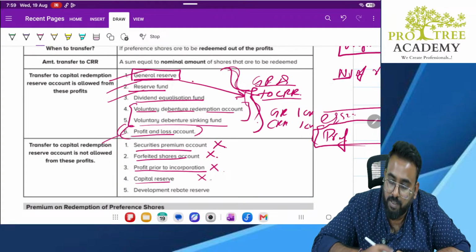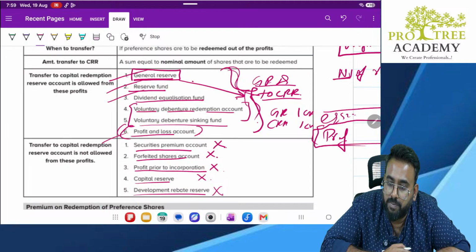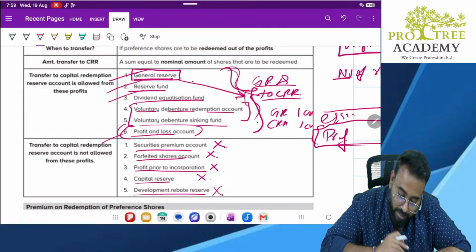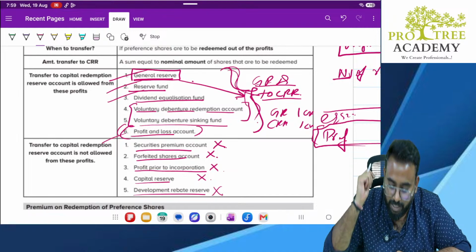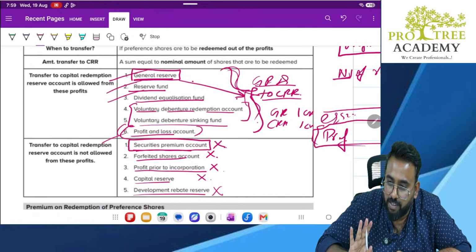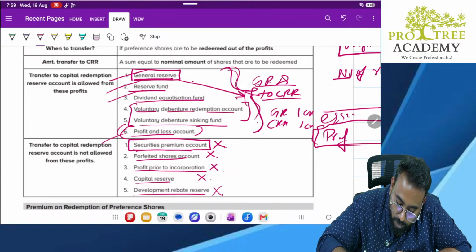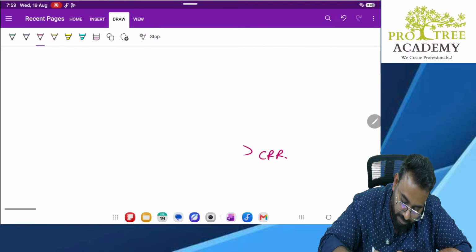Capital reserve, not allowed. Development rebate, not allowed. Clear, everybody? Now I will make one point which will now create a confusion in your head. What did they say here? Not allowed, correct? Not allowed for what? Correct? Okay.